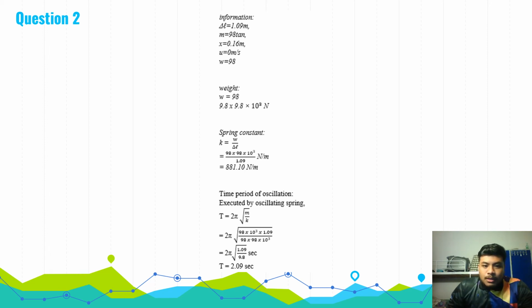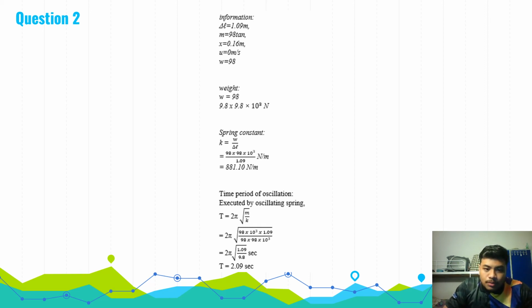And for the time period of oscillation executed by the oscillating spring, the formula is T equals 2 pi square root of m over k, where we just add the values in the formula.